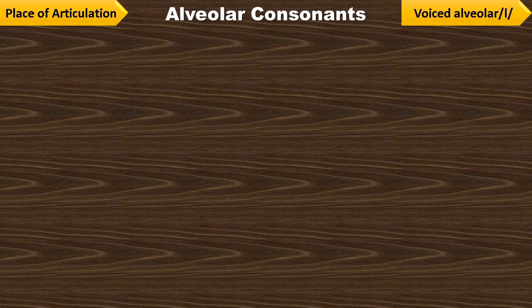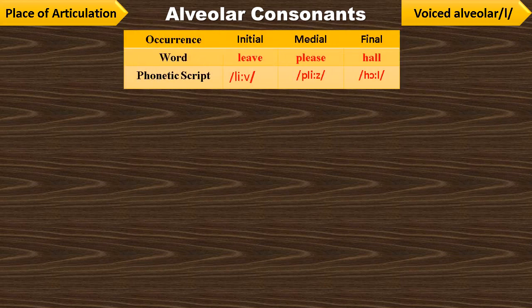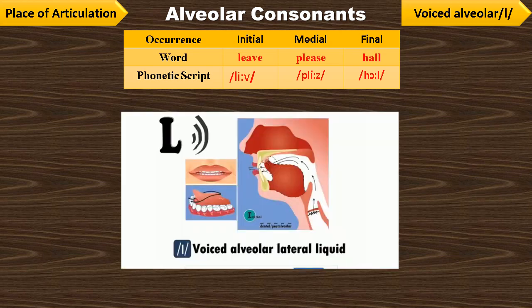Next we have the voiced alveolar l. l occurs initially as in the word lee, medially as in the word please, finally as in the word hall.